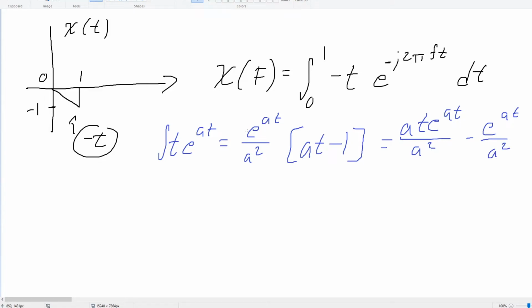And as you can see, I just multiplied e to the at over a squared over here by at, and also by negative 1. And that's how I got this over here.